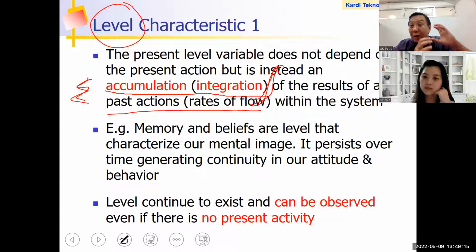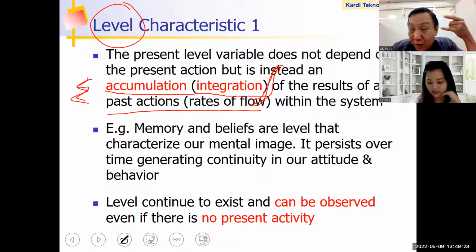If you want to model belief as a difference equation or differential equation, you know that belief is actually a level. Your memory is the amount of memory in your brain, that is a level, not a rate.